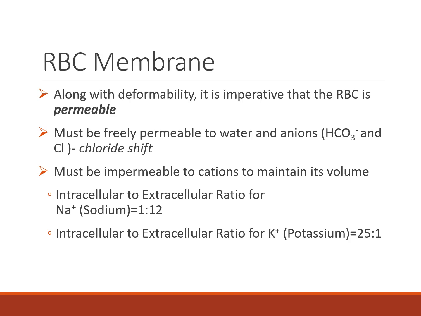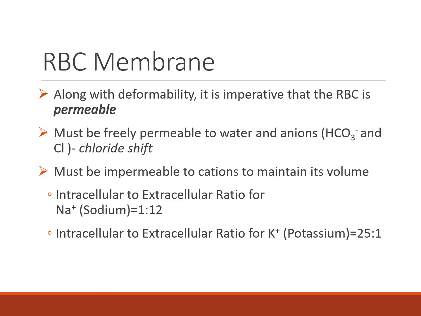Okay, so let's recap that red blood cell membrane. Along with the deformability, it is imperative that the red blood cell is permeable. Now, we know it must be freely permeable to water and anions, meaning bicarbonate and chloride. We're looking for a buffering system in our blood pH.